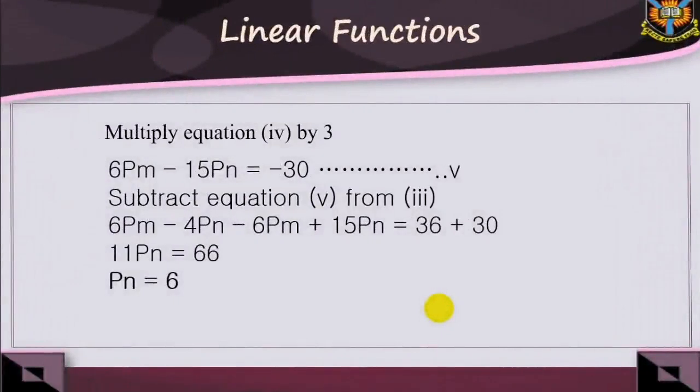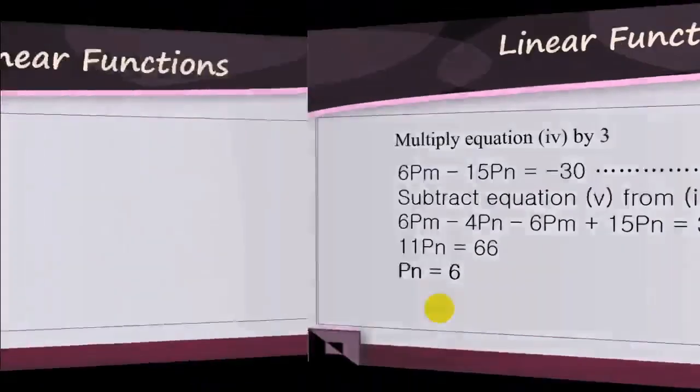So we have 6PM minus 15PN equals minus 30, as equation 5. Subtract equation 5 from 3. 6PM minus 4PN minus 6PM plus 15PN equals 36 plus 30. 11PN equals 66. PN equals 6.